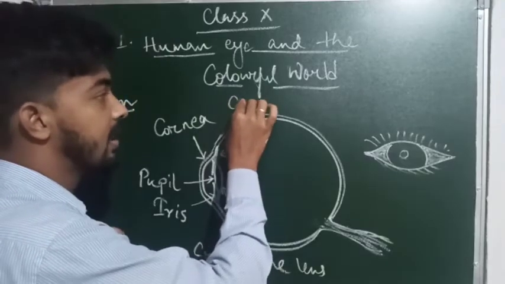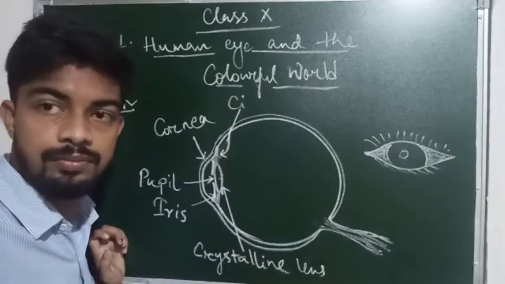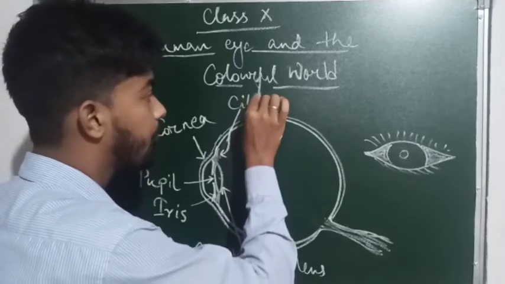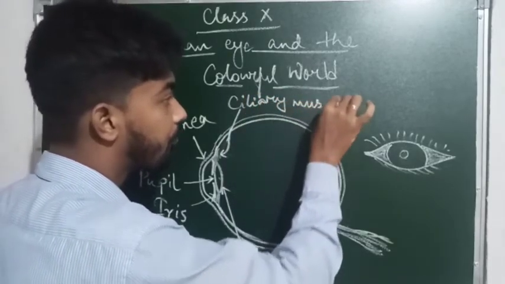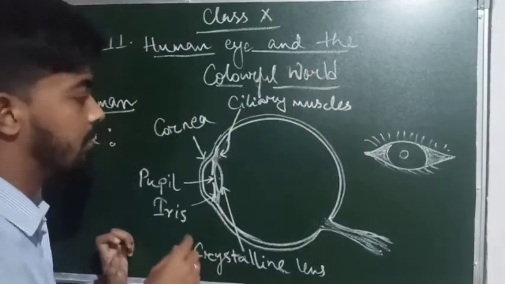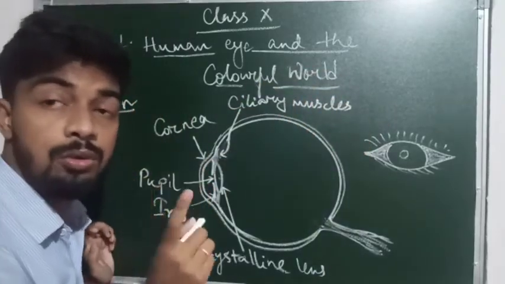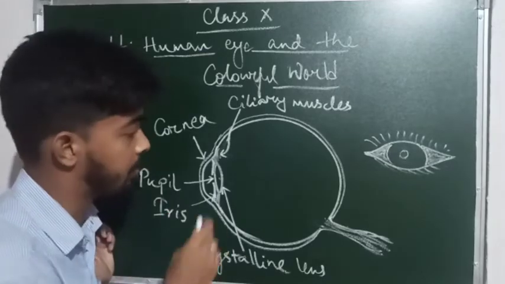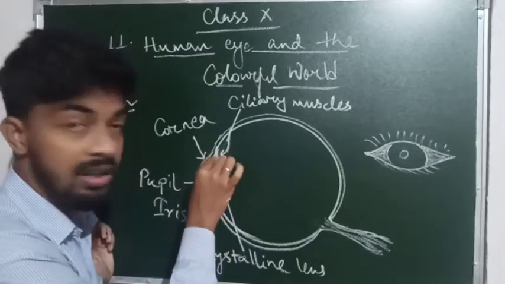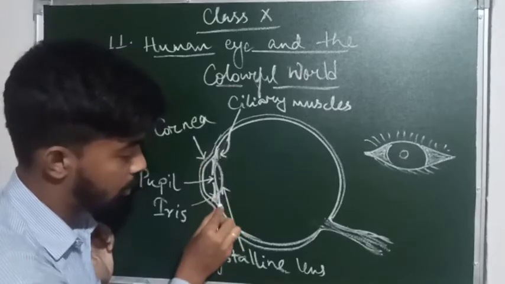These are the ciliary muscles. There are two sets of ciliary muscles, basically a pair of ciliary muscles, one in the upper part and one in this lower part.